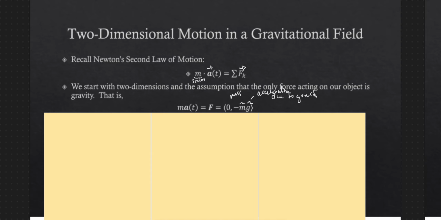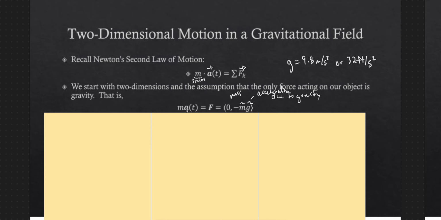Now this could be in meters per second squared or feet per second squared. Remember that if we're doing meters per second squared, g is 9.8 meters per second squared, which is the typical approximation we use, or we use 32 feet per second squared. So this is our g.